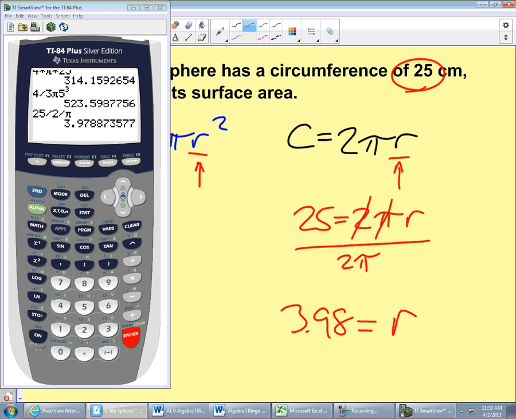Now, the question a lot of people have is, can I round off on this like I just did? 3.98, is it good? Okay, and the answer to that is always the same in mathematics. Be very careful about rounding off in the middle of a problem.